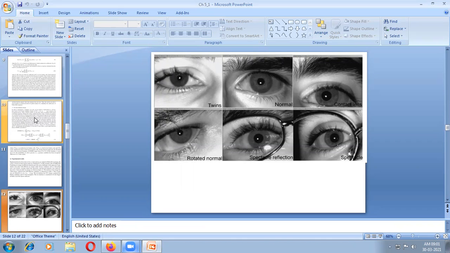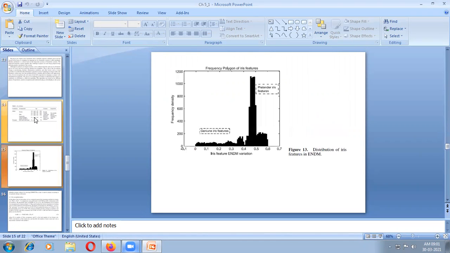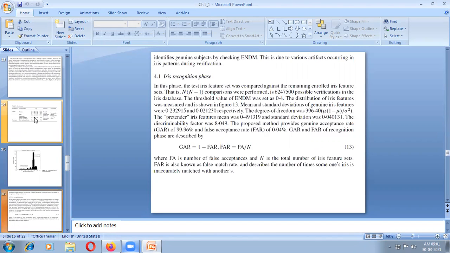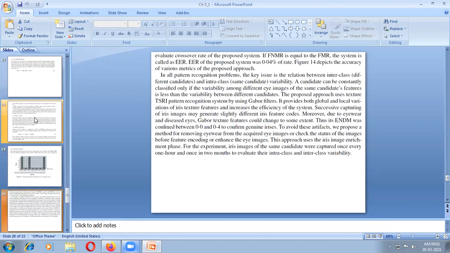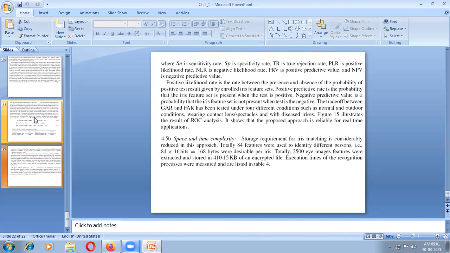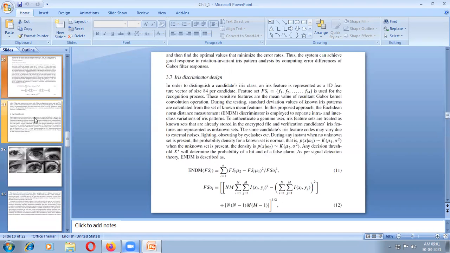Then we have other types of iris images also available that we practically need to use. At that time we can have different kinds of iris images coming. Then we have the results of genuine and imposter, the iris recognition phase, confirmation phase, overall efficiency, and other things. So these things we will be discussing in the following classes.